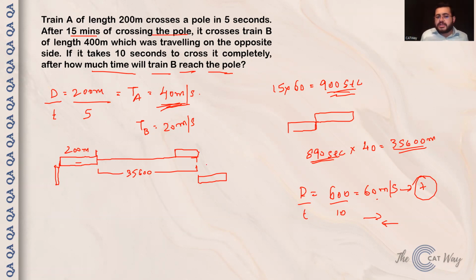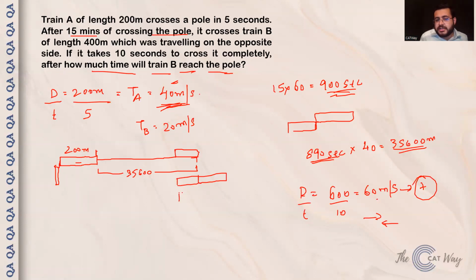So when they have crossed, see what's going to happen. If it takes 10 seconds to cross completely, after how much time will train B reach the pole? You see that this was the position where they started, right? Now they are going to take 10 seconds to cross each other. So in the next 10 seconds, train B's front end would also cover a distance of 200 meters.